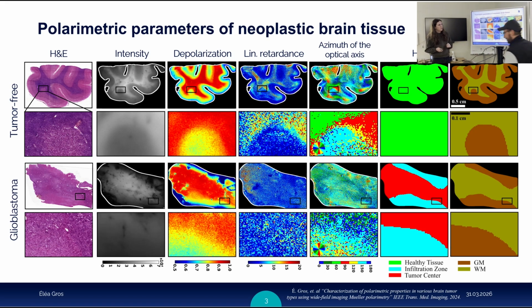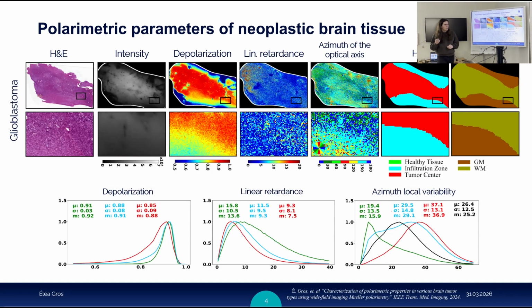What we saw in most of the tumor samples is a significant drop in the linear retardance when we have tumor tissue, and there is much more noise in the azimuth of the optical axis than in tumor-free tissue, which makes sense because of the disruption of the organization of the tissue microstructure. We quantified the values for different areas, and in green here you have healthy tissue, and in red you have tumor tissue, and we found two parameters which gave very good contrast: linear retardance and the azimuth local variability. So this was a good first step.